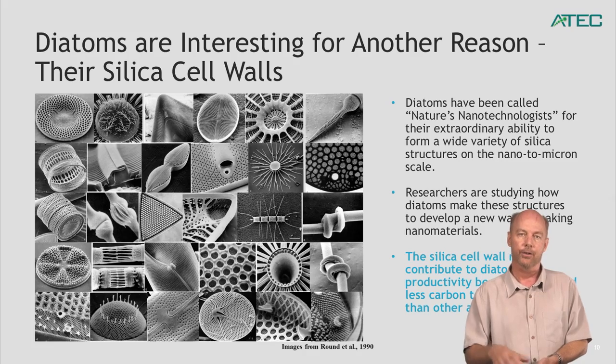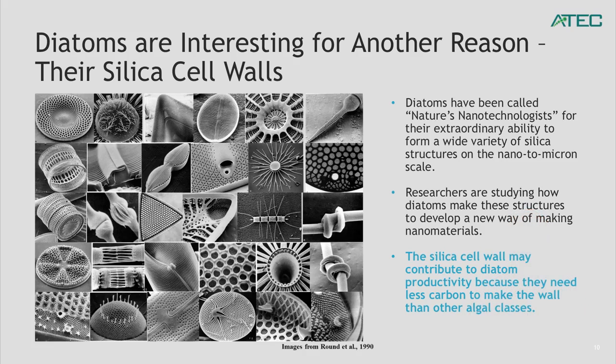And diatoms are extremely good at doing this. These are different images of different species of diatoms, and they've been called nature's nanotechnologists for their ability to form a whole variety of these structures on very small scales. And this is a subject of a lot of focused research studying how they make these structures.